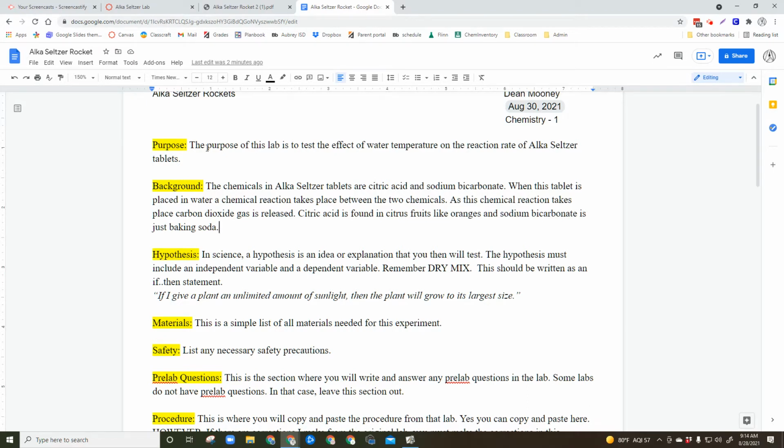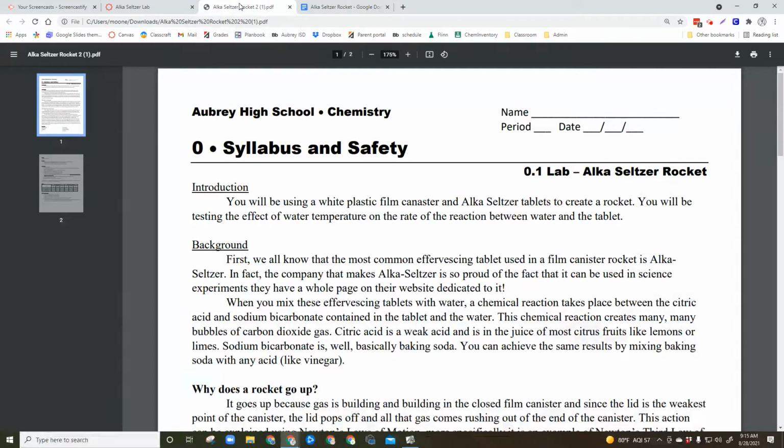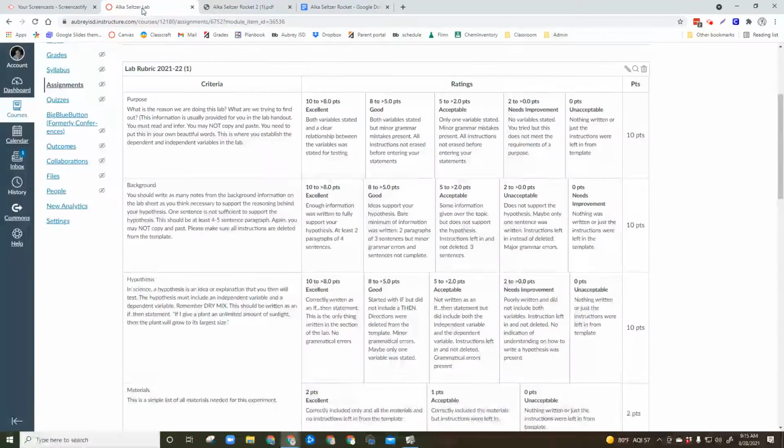We explained in complete sentences the relationship between the water temperature and reaction rate. We're testing the effect of water temperature on the reaction rate of Alka-Seltzer tablets. Okay, so you're not going to get full points just for writing the two variables. You have to establish the relationship.